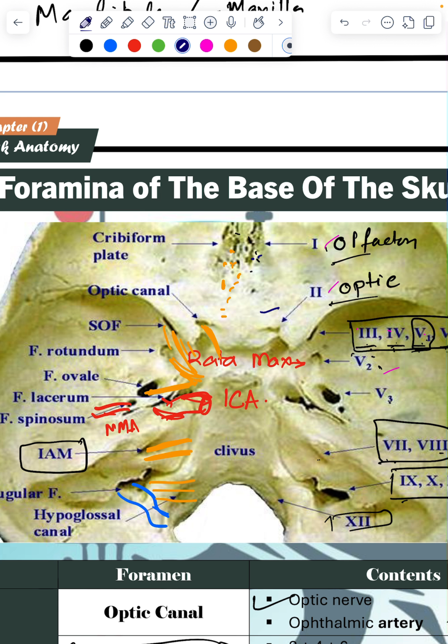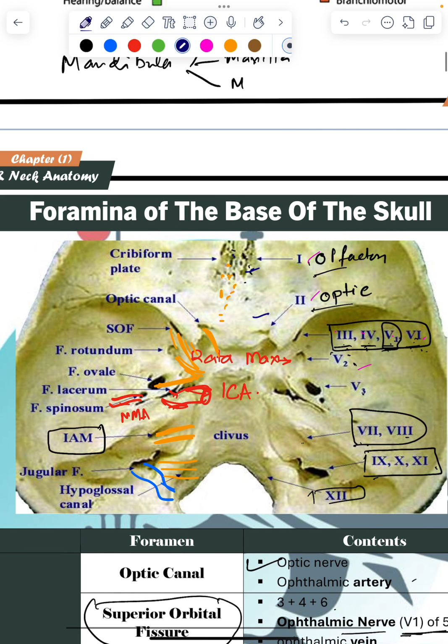olfactory, second optic. Olfactory passes through the cribriform plate, second, optic, passes through the optic canal, third, fourth, fifth. So there is the superior orbital fissure. These are first and second, two from the forebrain, and the next two, third and fourth nerves, pass through the superior orbital fissure.